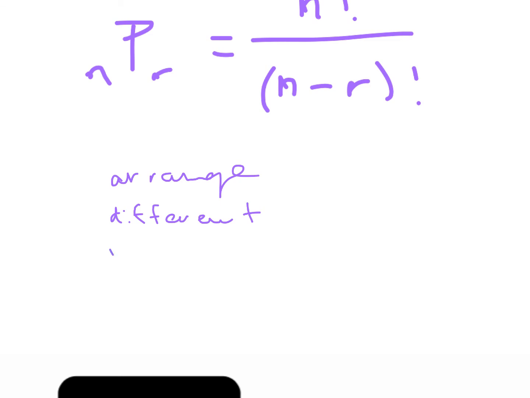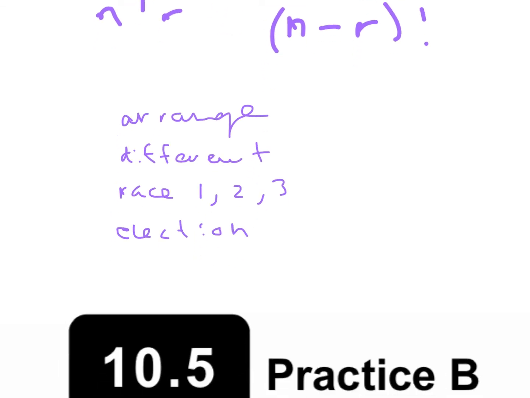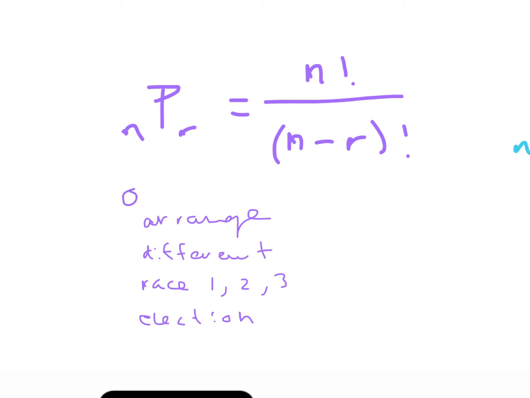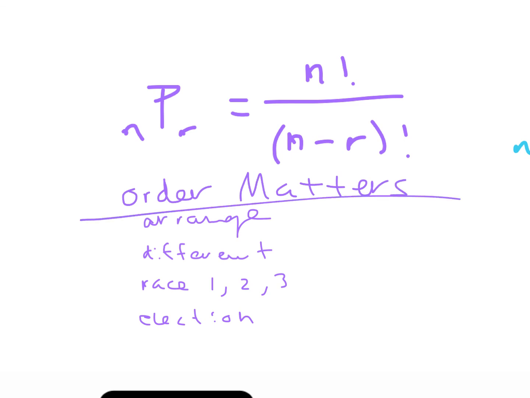If it is like a race for first, second, and third. If it's an election for different things. Or if it's anything that the order matters. So, order matters, then it is permutation. So these are just some common types of permutations.